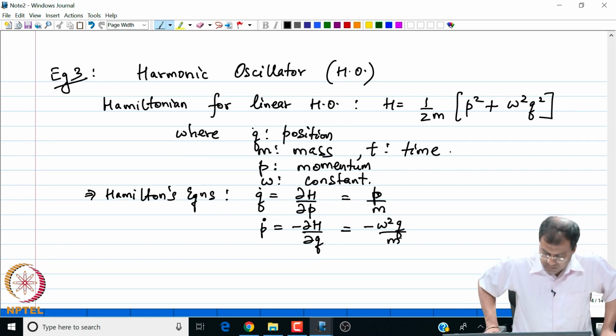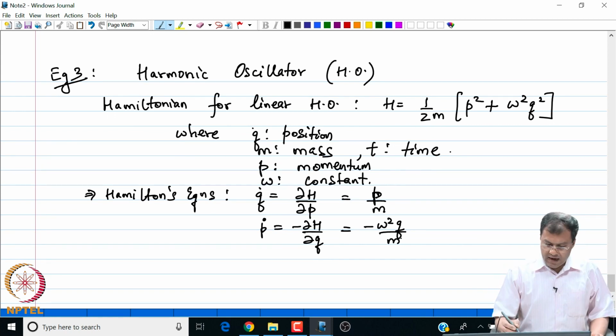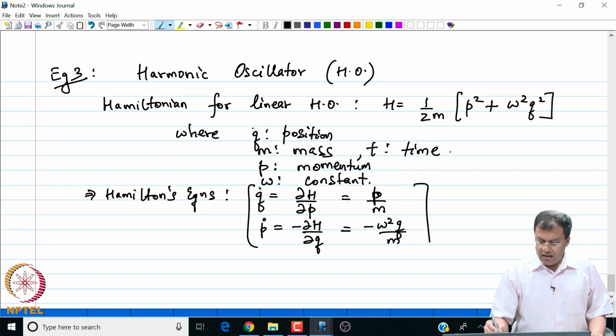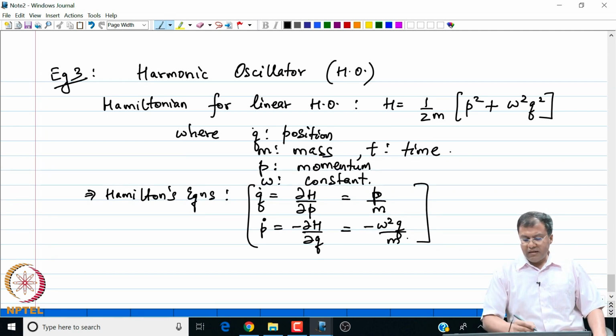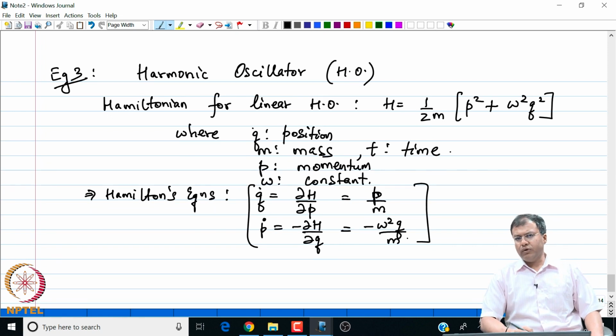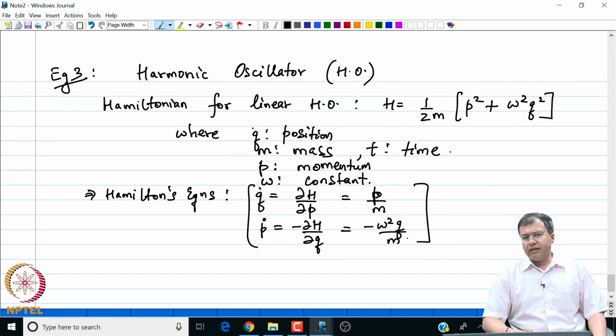So that's my Hamilton's equations. To describe these Hamilton's equations in another Hamiltonian, we need the symplectic map and so on and so forth.